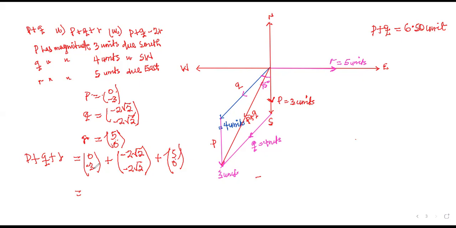We got 2 √2 to be equal to 2.83. So 5 minus 2.83. Okay, this will be the horizontal component or X component of all of them. This is 2.17.